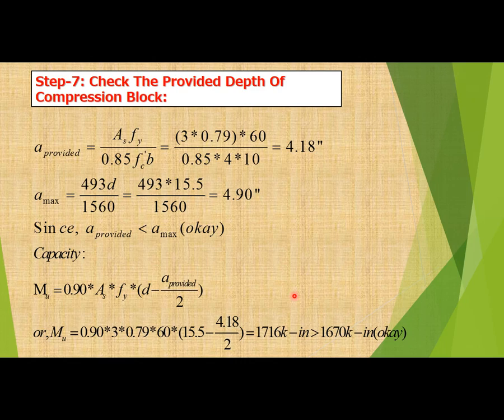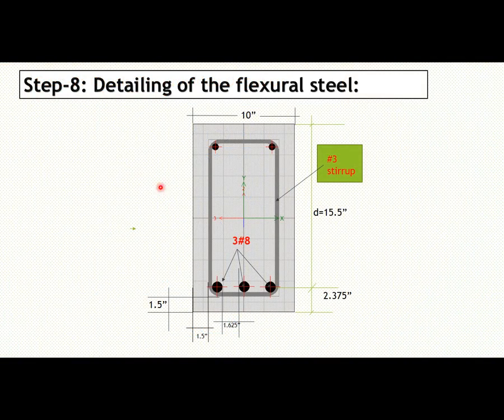Now the last step is the detailing. Okay, detailing of the flexural steel as shown below. Okay, the width of 10 inch and the effective depth equal to 15.5 inch, and the total height of the beam will be, you know, from this point to this point distance will be added to the effective depth.